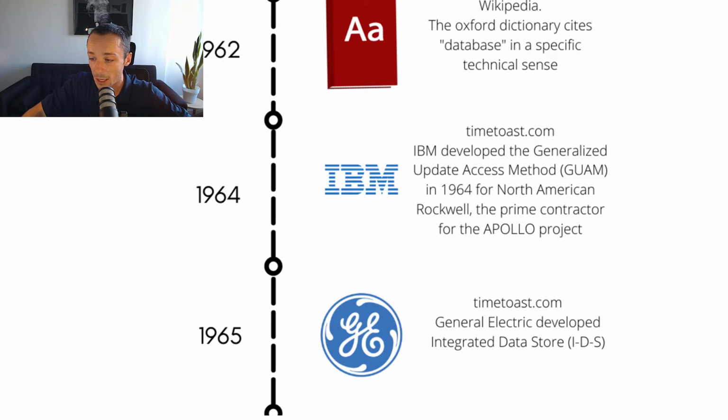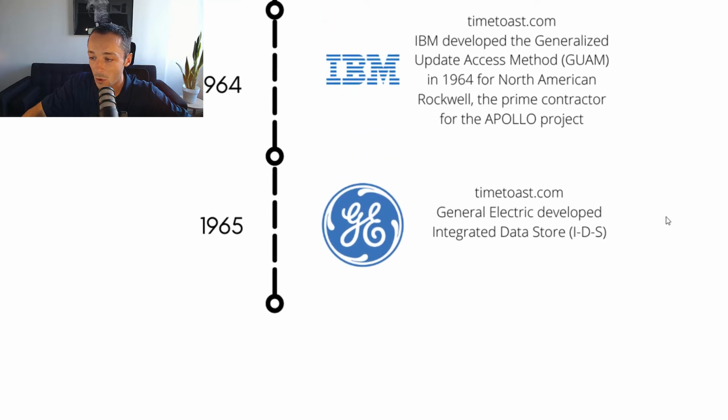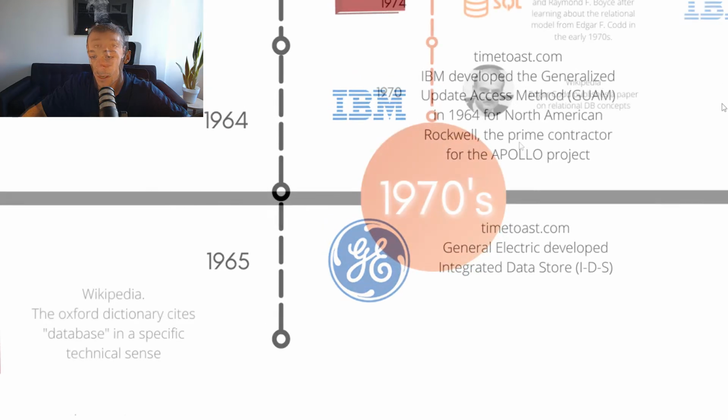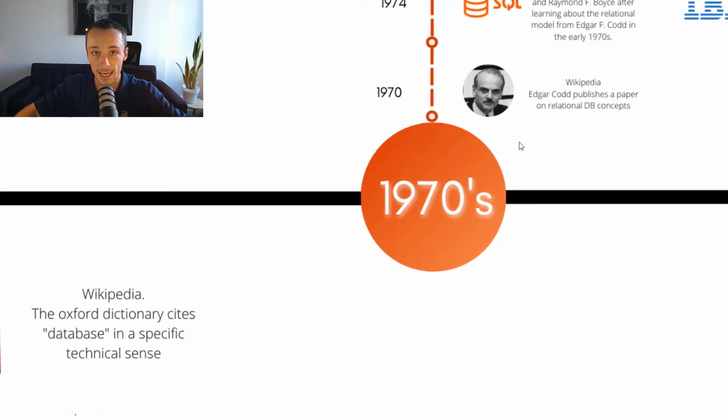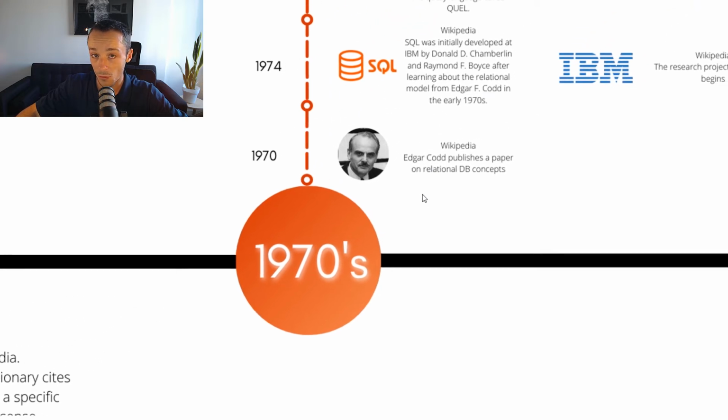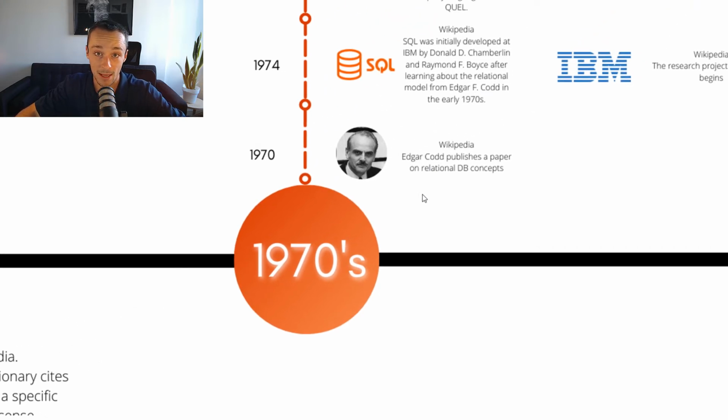We see General Electric jumping into the mix here, and they developed what's called the IDS, their own take on a DBMS. So the 1970s was a decade filled with a lot of activity, and it all began through one man, and you can call him a pioneer in the database world, and this is Edgar F.